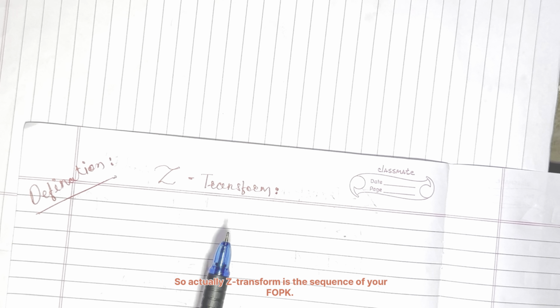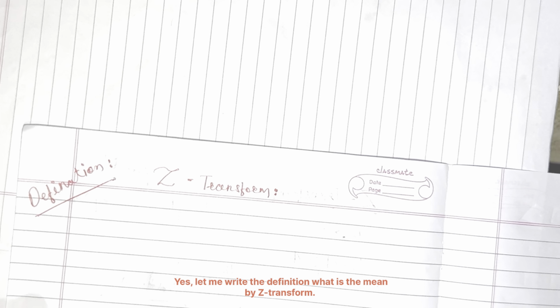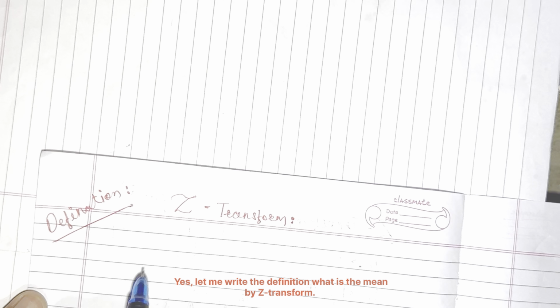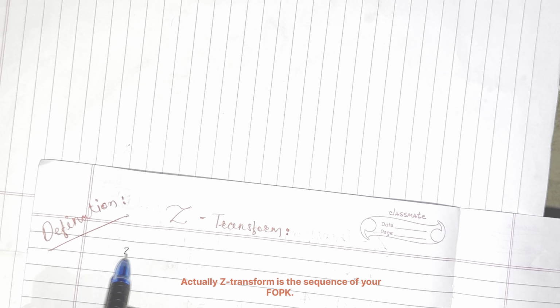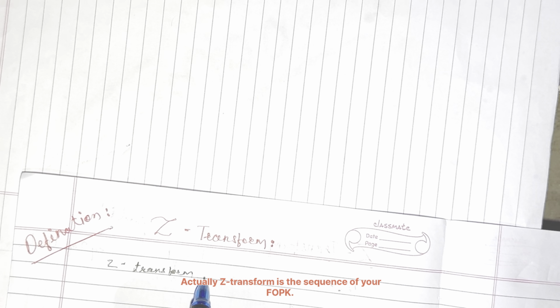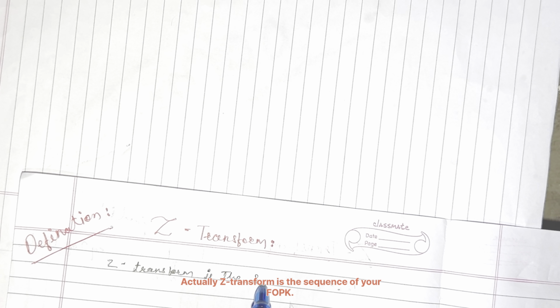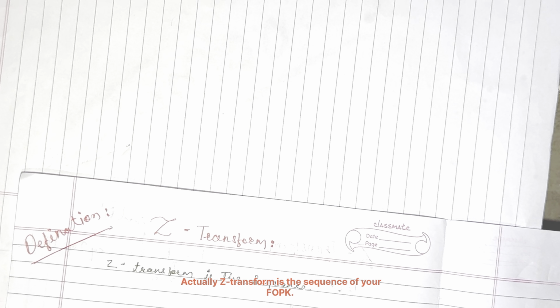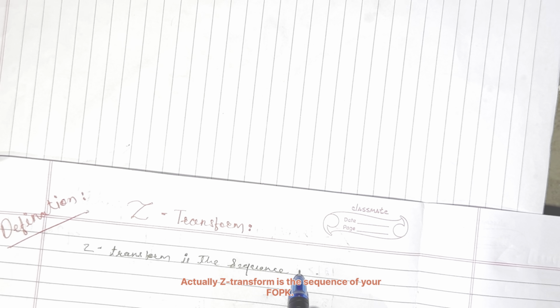Z transform is the sequence of f of k. Let me write the definition. What is meant by Z transform? Z transform is the sequence of f of k.